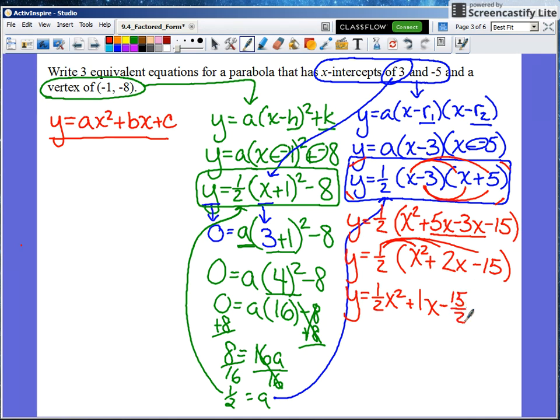And remember, in math, a coefficient of 1 can be written there, but doesn't have to be. So we can eliminate that 1. And now we have an equivalent general or standard form equation.